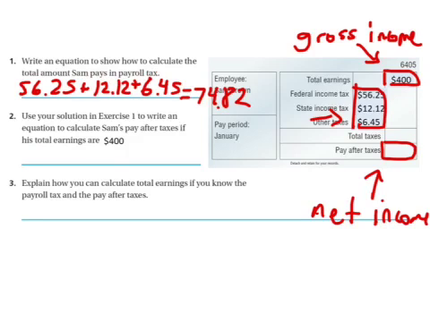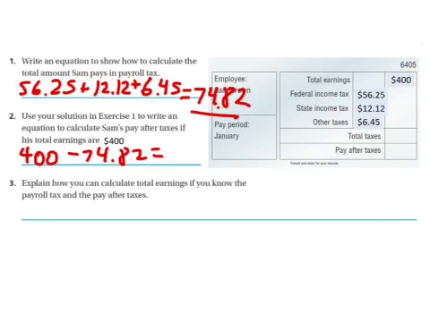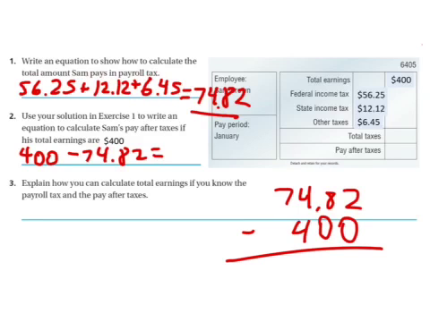So to do that, we start out with our $400, and then we subtract our taxes, which we found up here, $74.82. And we're going to do that. Now, one thing that I still see a few people doing is they will line up these numbers like this, 74.82 minus 400, like that.